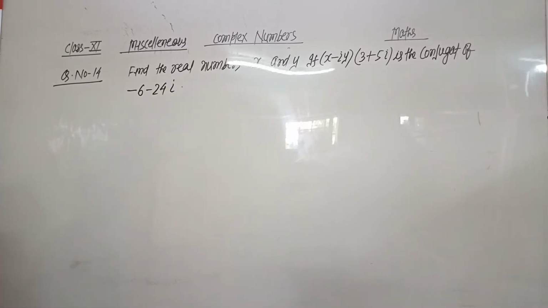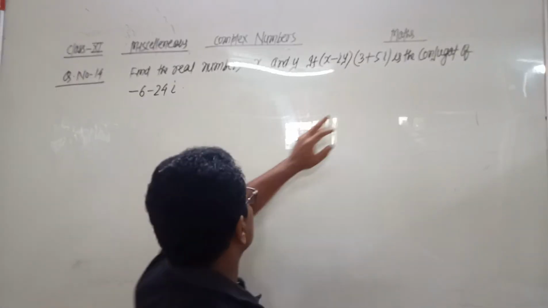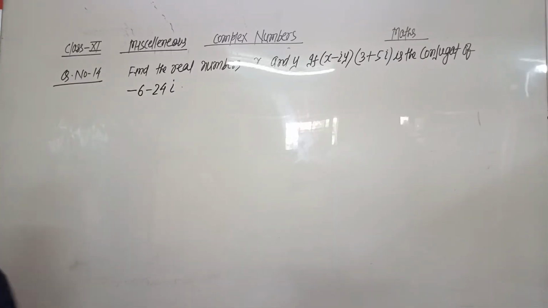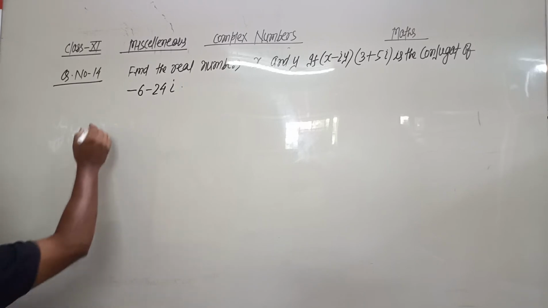So we have to find the real numbers x and y if the given expression is the conjugate of minus 6 minus 24 iota.